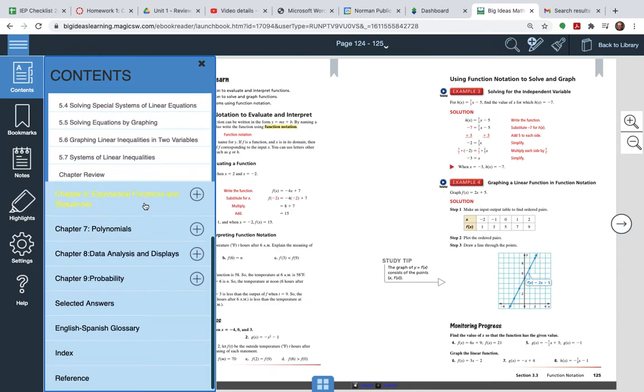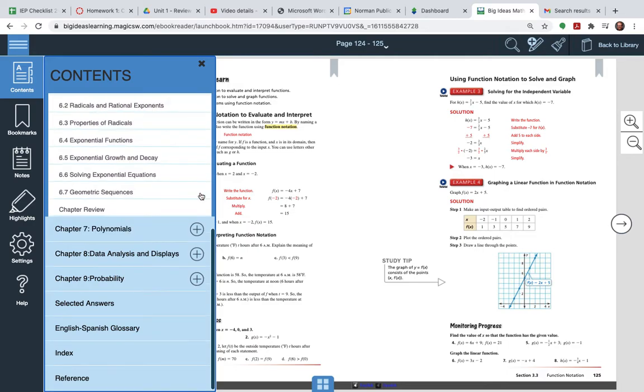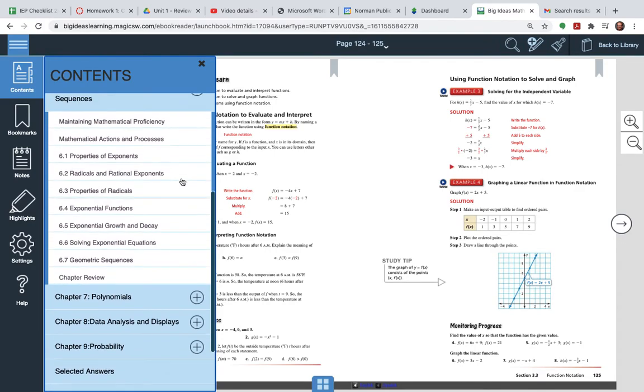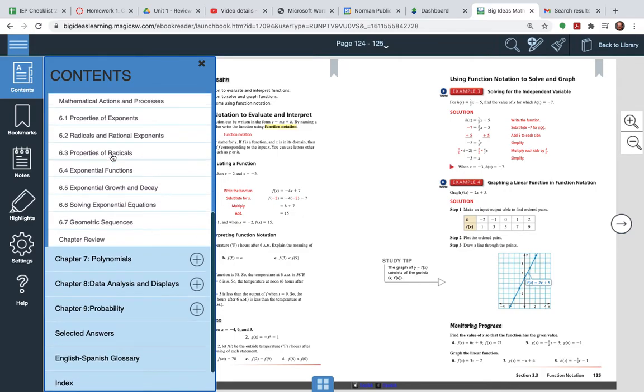The two chapters that I really, really, really want to make sure that we hit hard: properties of exponents, or exponential function and sequences, and polynomials. With exponential functions and sequences, we're going to start talking about the properties of exponents, and there are several properties of exponents, and we're going to start talking about square roots and cubed roots and things like that, and how all of those relate to different powers.